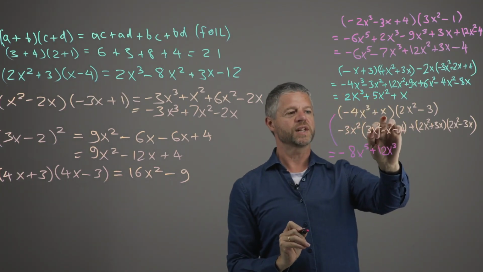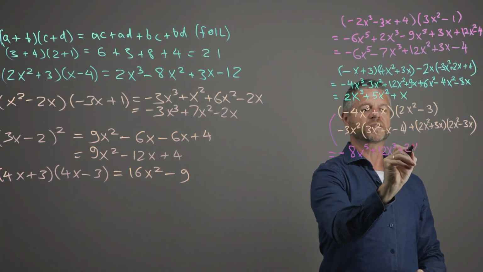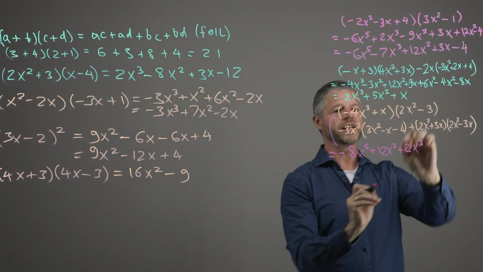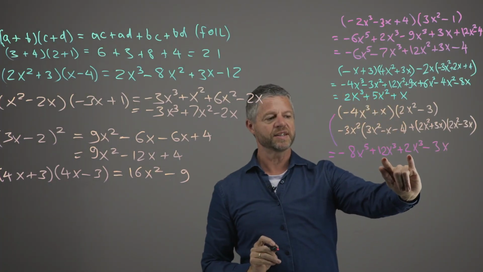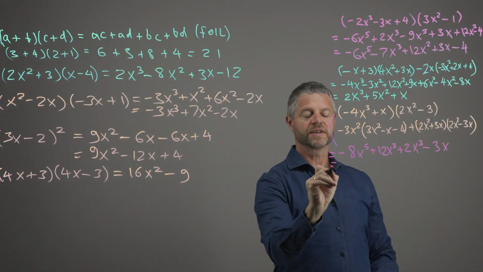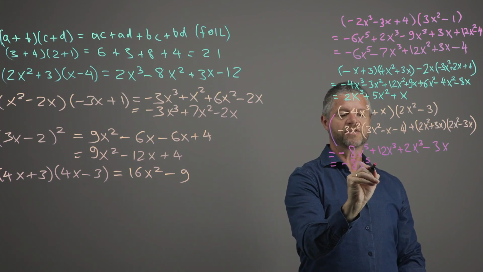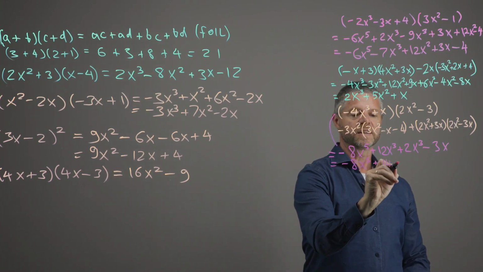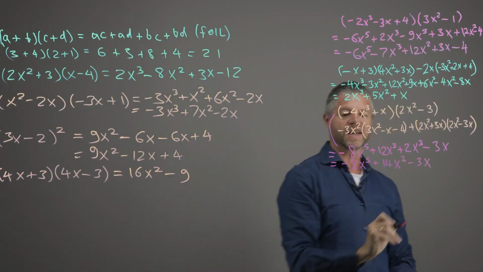And then we got plus x times 2x squared, so plus 2x cubed. And then finally, minus 3x. And we need to collect these two terms, because they both involve x cubed. So that's going to be minus 8x to the 5, and then 14x cubed, and then minus 3x.